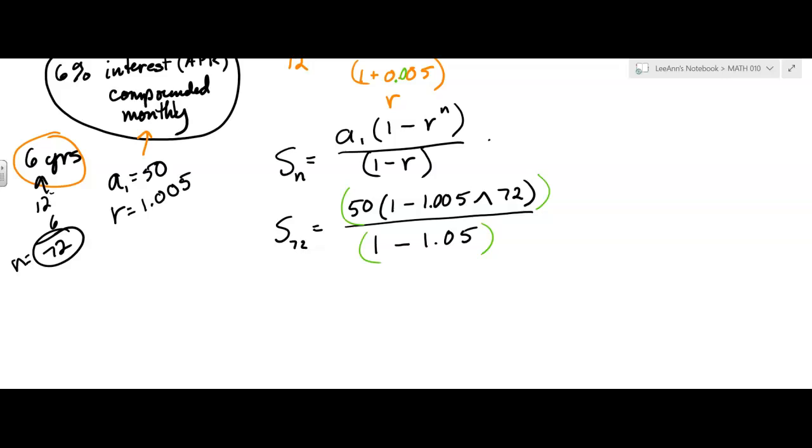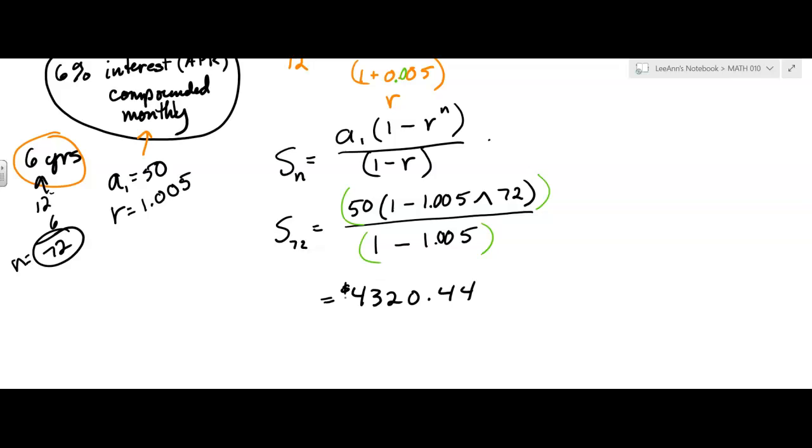Divided by, parenthesis, 1, I left out a 0 there, 1 minus 1.005. Let's see if this works out better. Okay, that looks better. So we're going to go to the nearest penny, 4320.44. Okay, so that's how much money's in the account then after the 6 years.